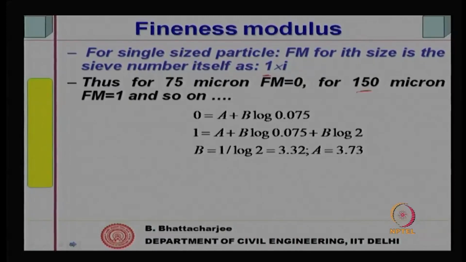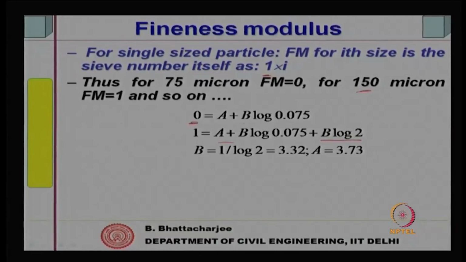For all particles, I can write it in terms of A and B log 0.075, and as I said, the logarithm of the sieve size is in arithmetic progression. So, this increases simply by B log 2.